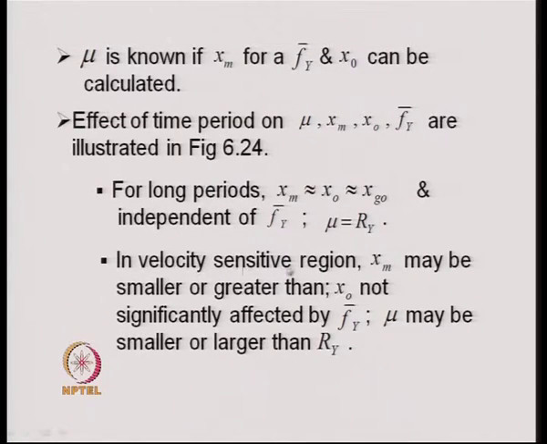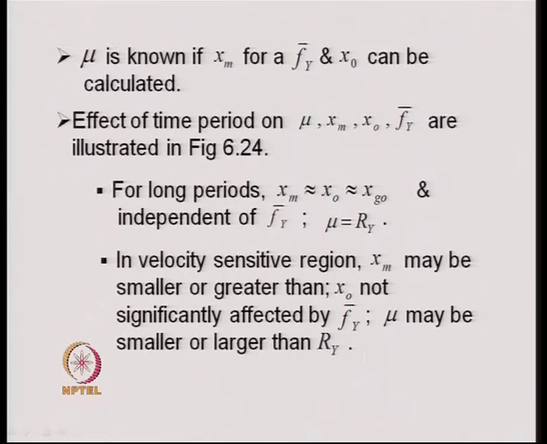In the velocity sensitive region, xm may be smaller or greater than x0, and is not significantly affected by f bar y. Mu may be smaller or larger than ry.